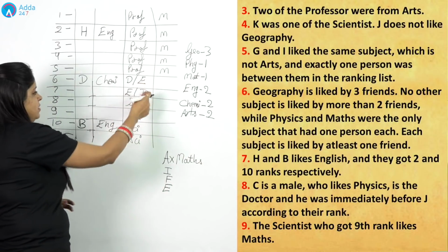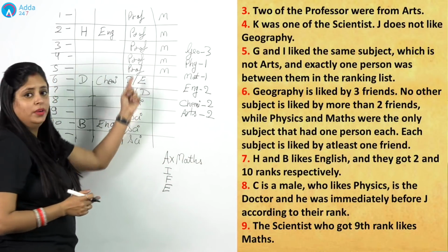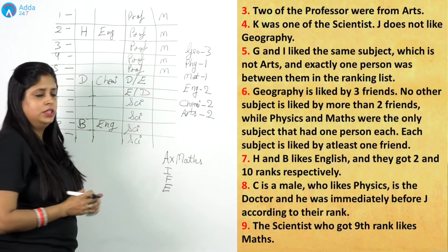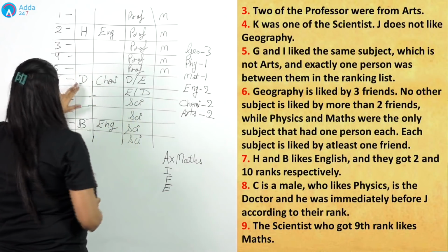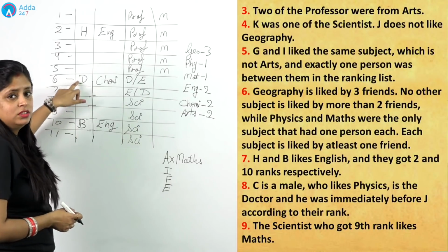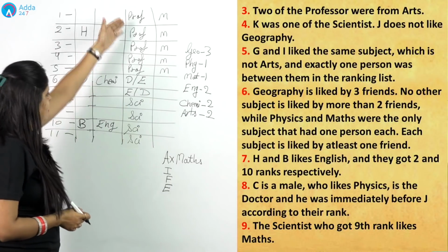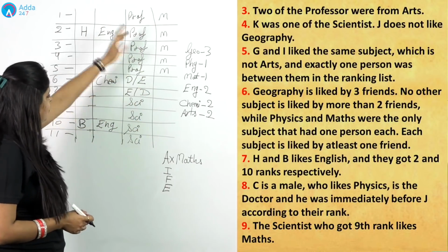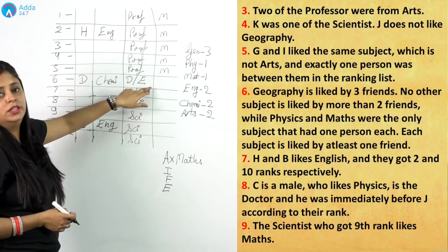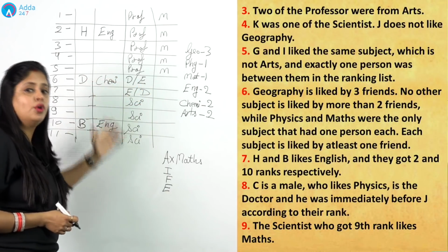We have two options related to this doctor. See, we wrote it down. D/E means doctor/engineer. So C would be placed somewhere upward or downward, but we can't place C here because this position is already occupied, and in any of the rest I can't consider doctor because they are clearly given as professors and scientists, and these are the only two possible places for doctor.